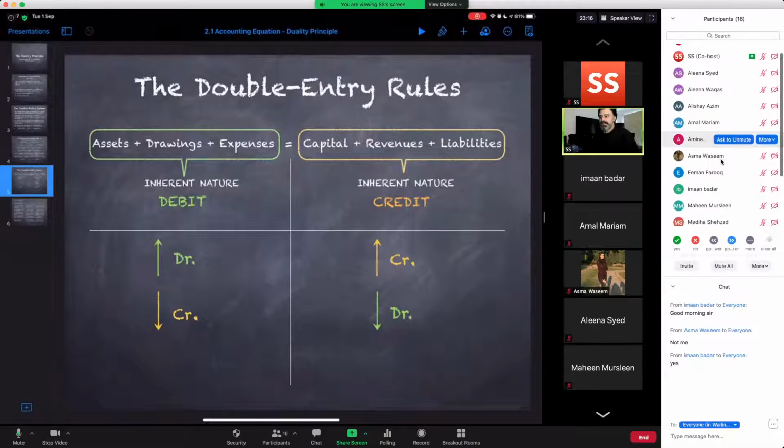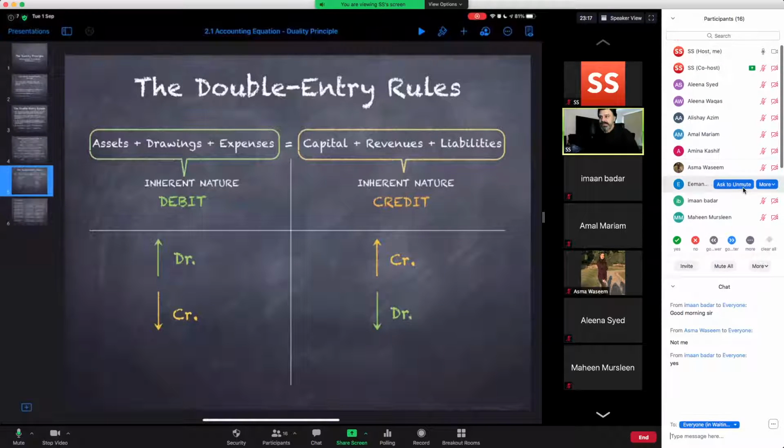Give me a green check if we have no issues with understanding debits and credits. Iman Badar, good.